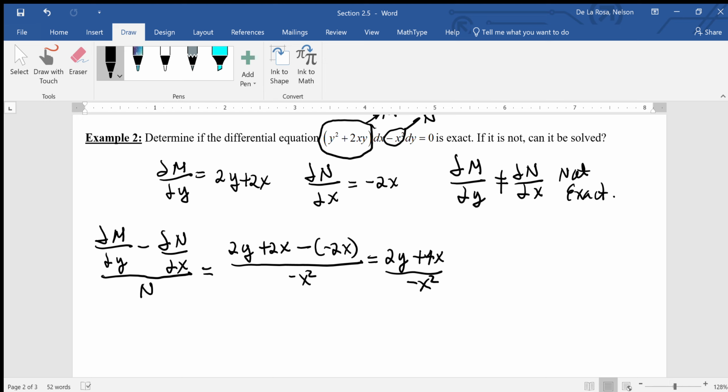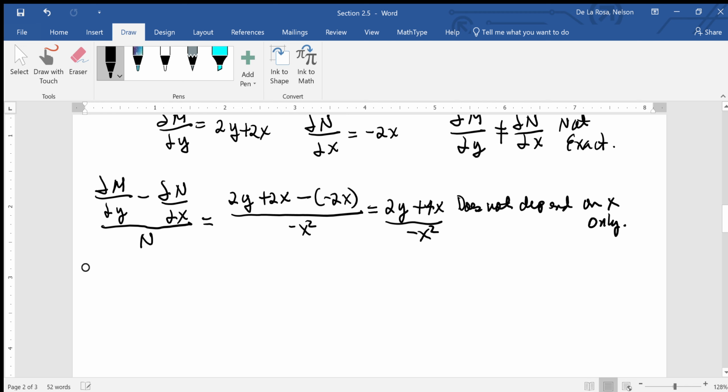So there is no way we can simplify this expression so that we get an expression only depending on x. So it does not depend on x only. So let's try a different route to see if we can solve the equation.